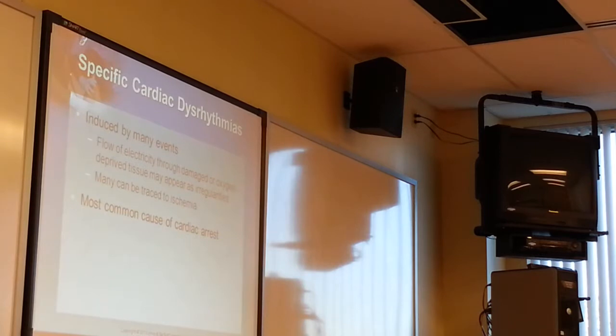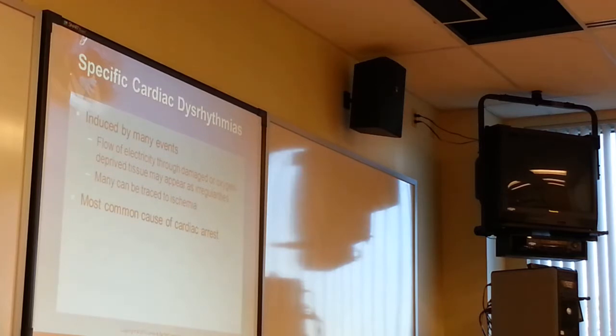Okay, so, specific cardiac dysrhythmias. We know that normal is PQRST. We know that our heart rate is supposed to be between, what's normal? 60 to 100. Okay, that's normal.